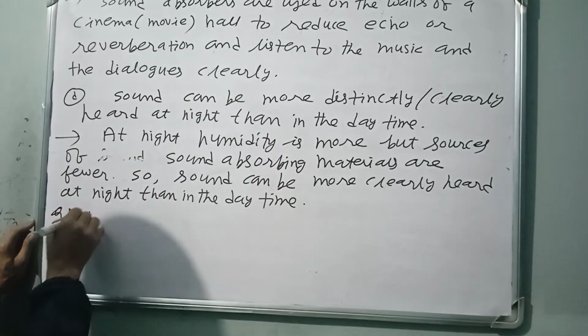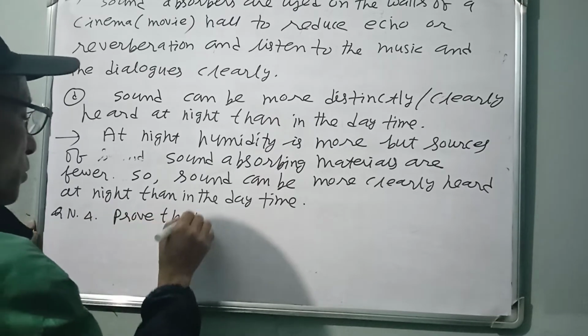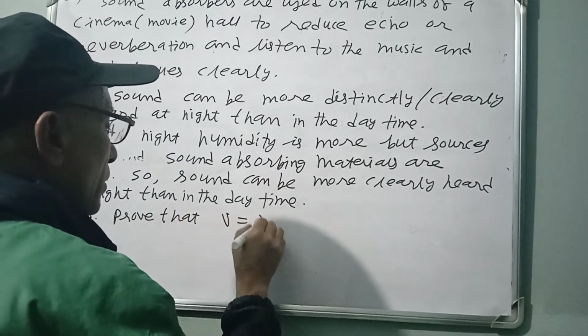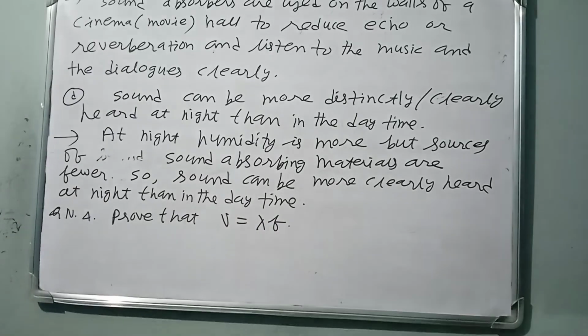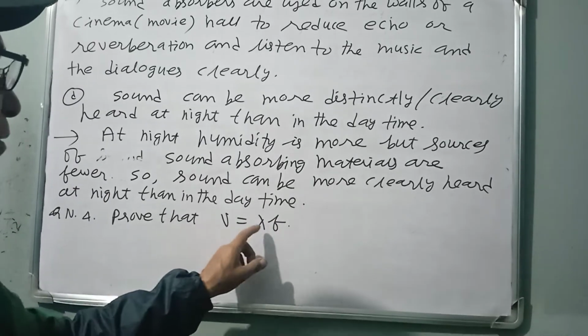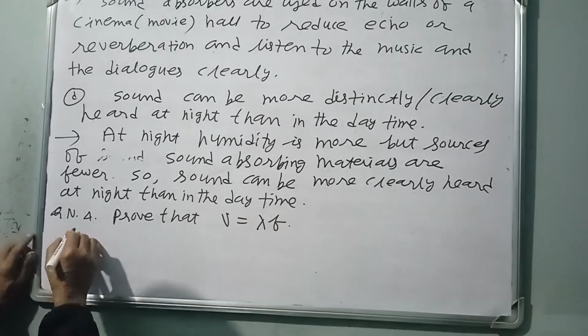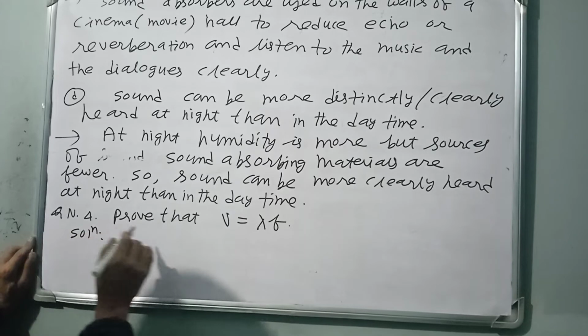Question number 4 is prove that v equals f lambda. How to prove? Without wasting time, v for velocity, lambda wavelength, and f frequency. Solution of this problem is as follows.